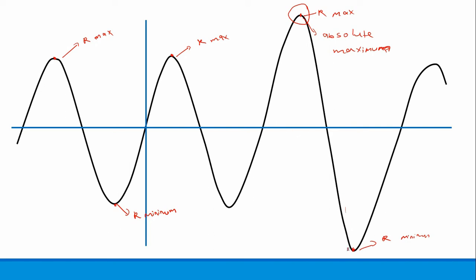And of course, this case is called the absolute minimum. Between all the relative minimum points, this one is the lowest of all the minimums, so it is called the absolute minimum.